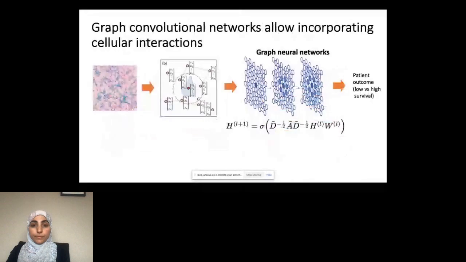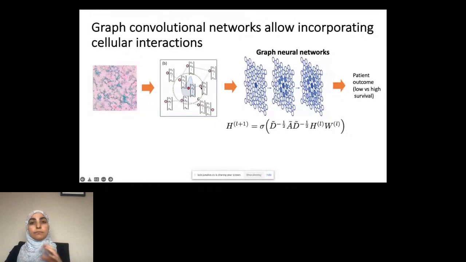To address this challenge, I developed a graph neural network model, where we take single cell data from the images and construct a network or a graph where the cells represent the nodes, and the interactions or the edges between the nodes are based on spatial distance.